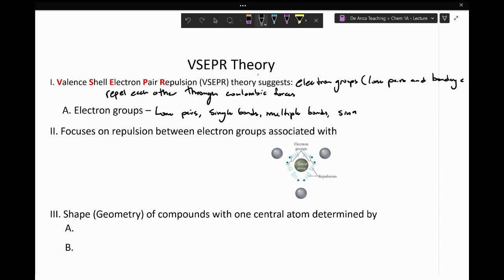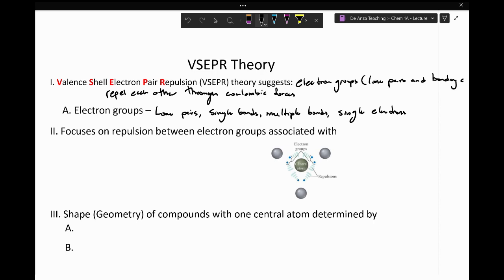It's important to make the distinction that when we have multiple bonding, we count that whole multiple bond as one electron group. So a double bond counts as one electron group. A triple bond counts as one electron group.